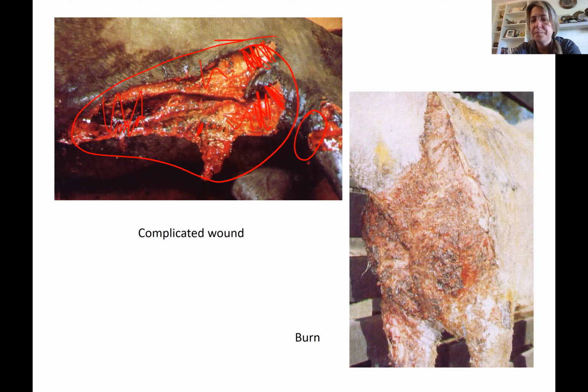A burn can be fire. It can also be a chemical burn. The thing about fire, and I think that's one of the things that people don't realize, is that it burns the skin, but it continues to burn downward.